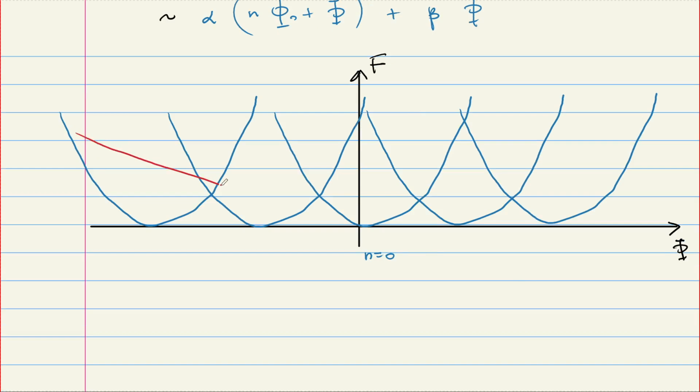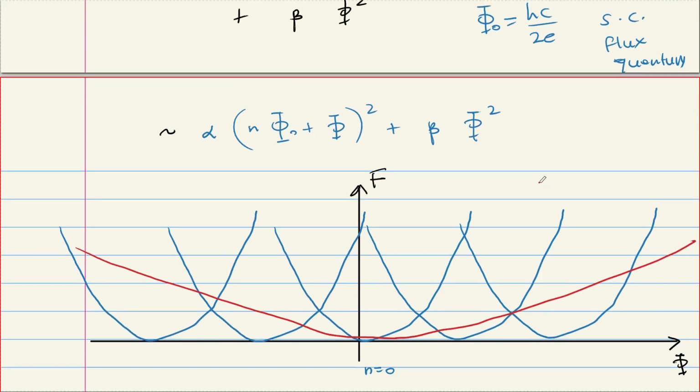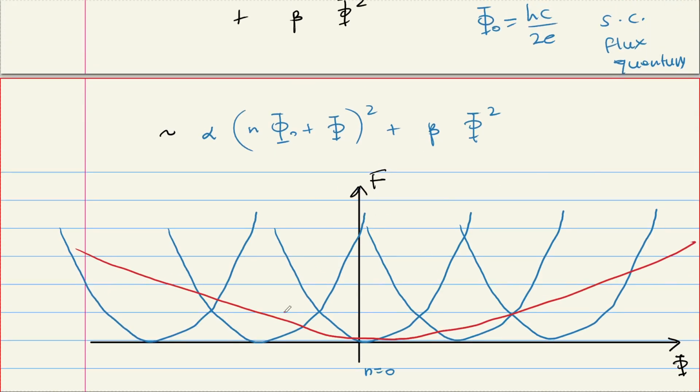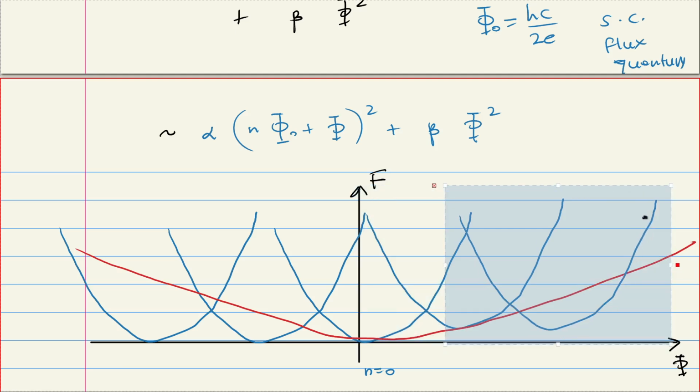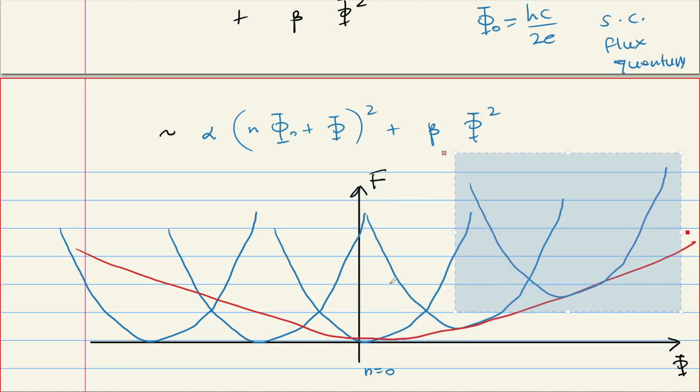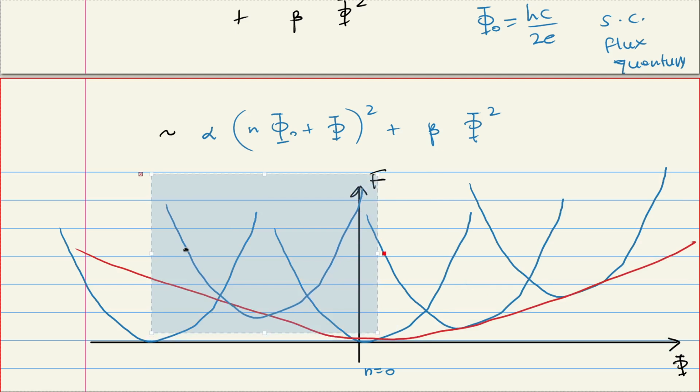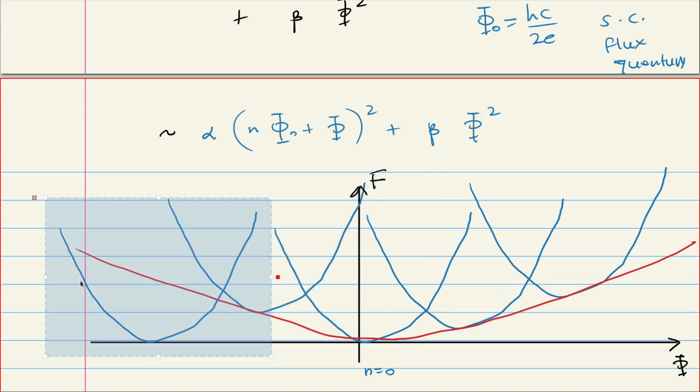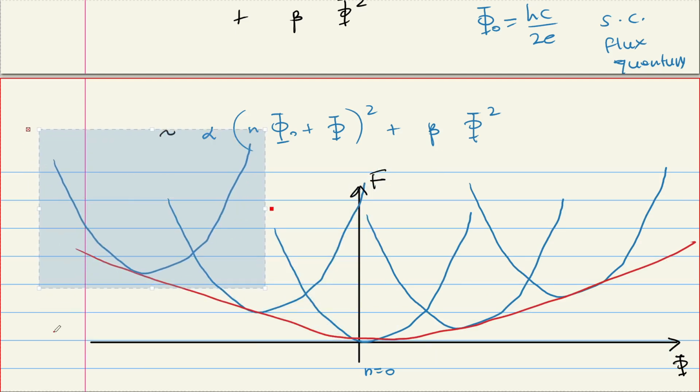There is another parabola like that, and because you are adding these two, you need to shift each parabola here. So this one is going to shift a little bit, this one is going to shift a little bit, and this one, and this one, like this. Okay.